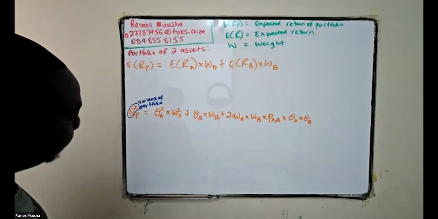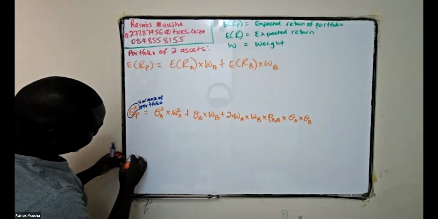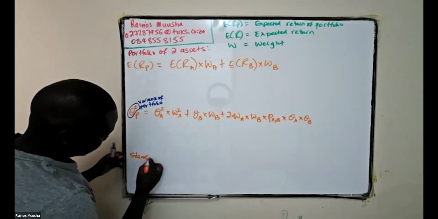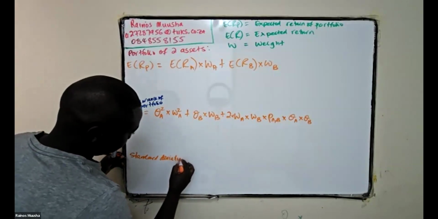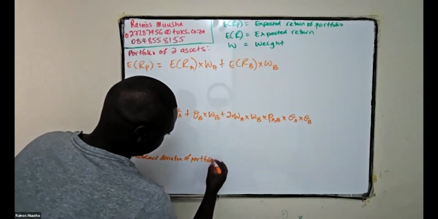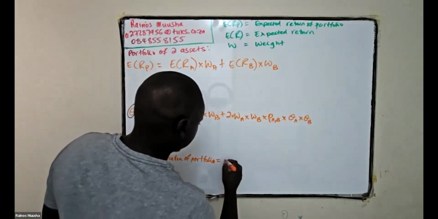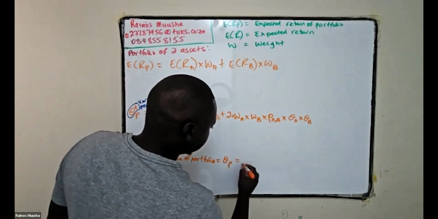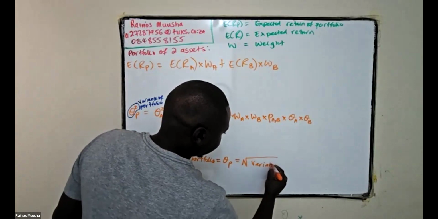So from there, the standard deviation of the portfolio is given as the square root of the variance.